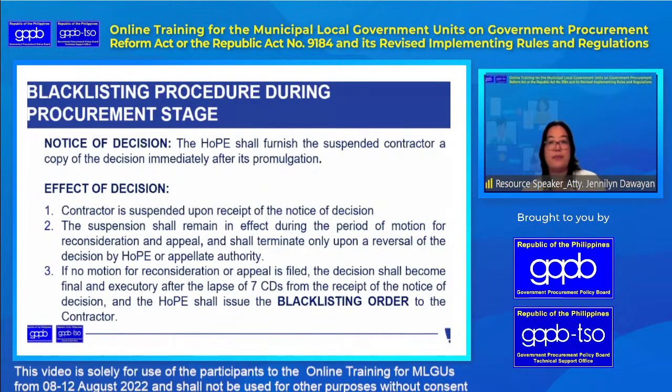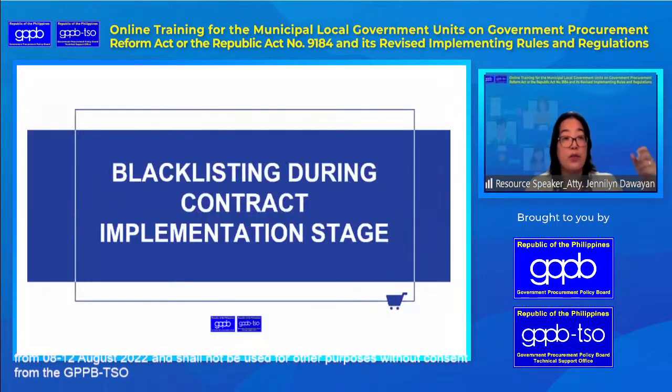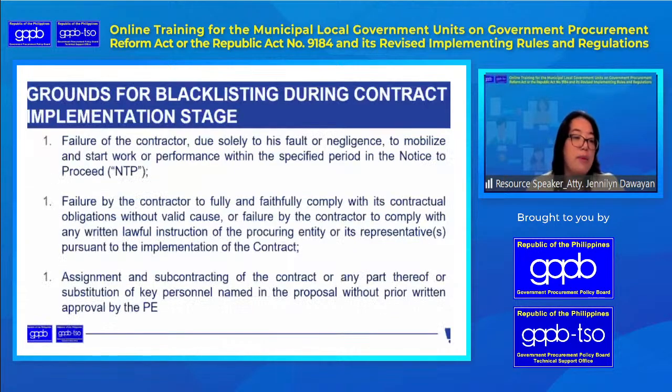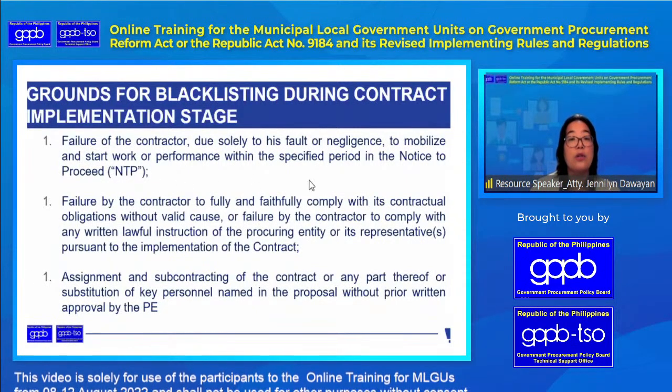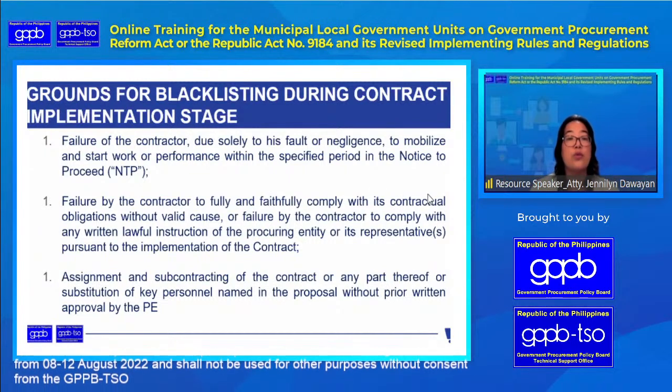Okay. Ano naman po kapag blacklisting during contract implementation stage? So ito yung procurement stage pa lang siya. Kapag naman po contract implementation stage siya, meaning ito na po may kontrata na. So the failure of the contractor due to his fault or negligence to start.